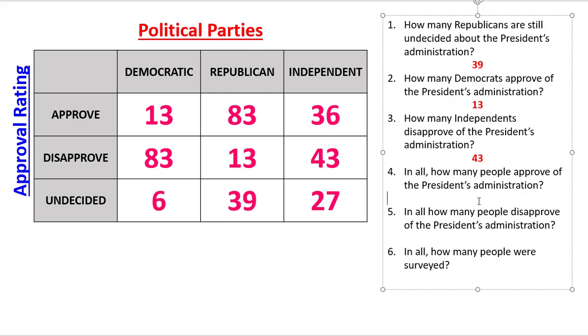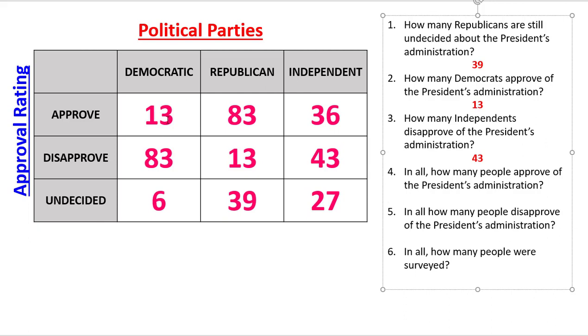Number 4, in all, how many people approve of the president's administration? So this question is a little tricky. It says in all. So that means all of the political parties. That means how many Democrats, Republicans, and Independents approve of the president.